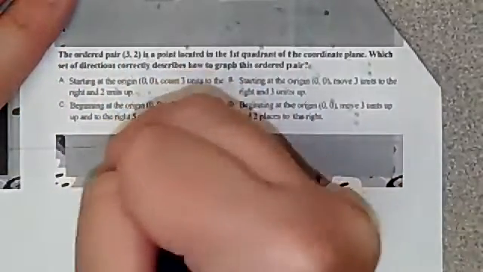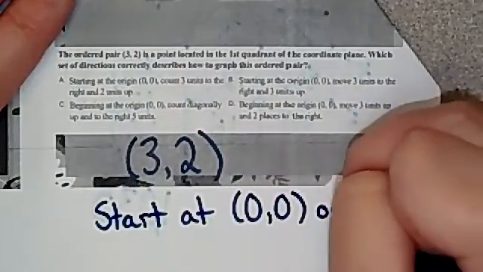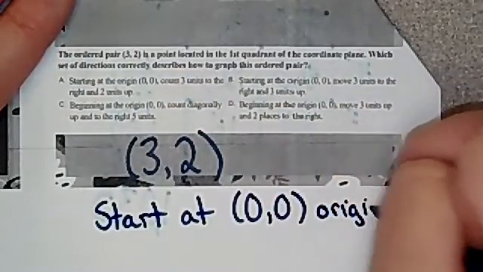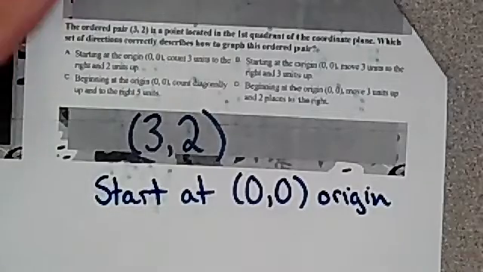Wyatt. Very good. So write that. You are going to start at 0, 0. That is called the origin. That's where you have to start. Then, Isabella, am I going to jump and then run or run and then jump? Very good.